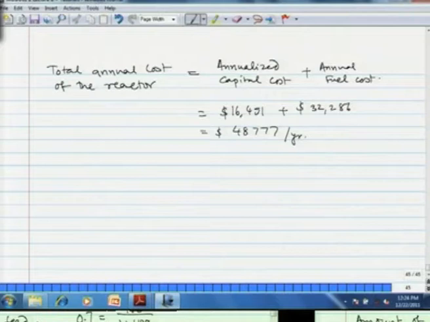Now, having done these calculations, we have to now determine the economic potential of the process at level 3.